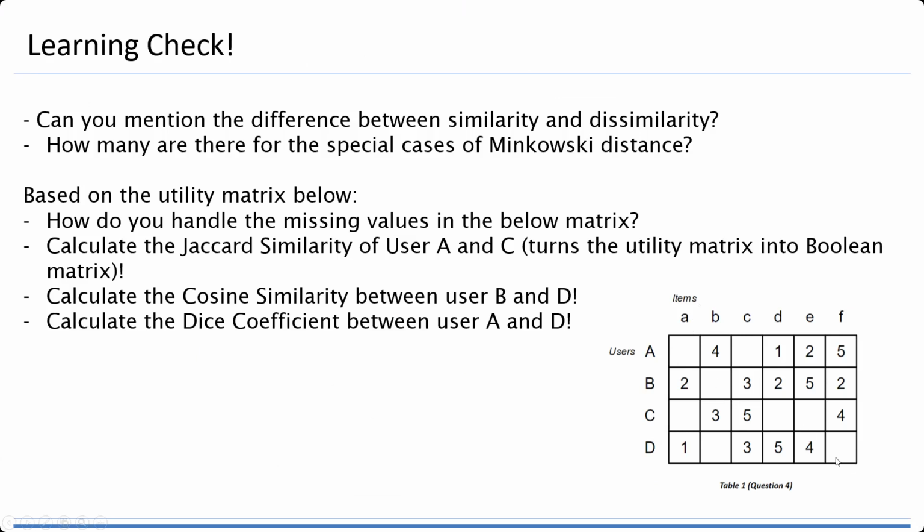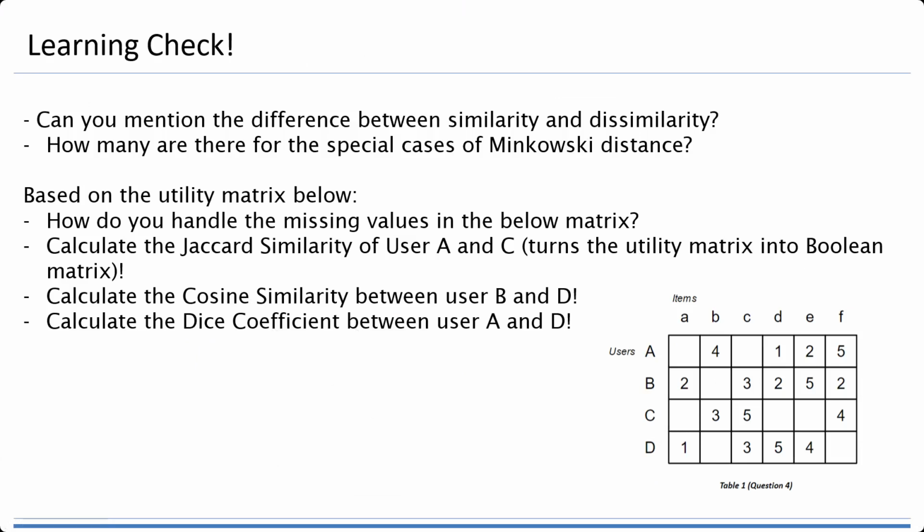If there are missing values, try to measure the Jaccard similarity, cosine similarity, and dissimilarity. For the Jaccard and for the Dice, you need to turn the utility matrix into Boolean.